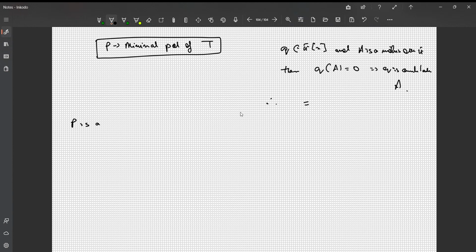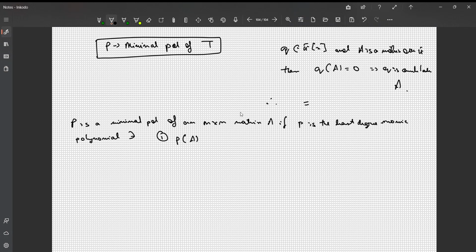So P is a minimal polynomial of an n cross n matrix A if P is the least degree monic polynomial such that number 1, P annihilates A, and number 2, if Q annihilates A, then P divides Q, where Q comes from F[x].